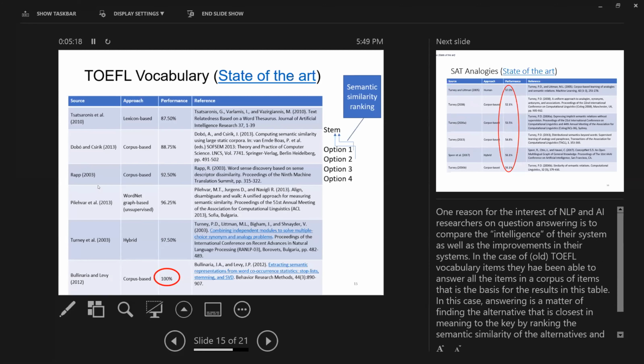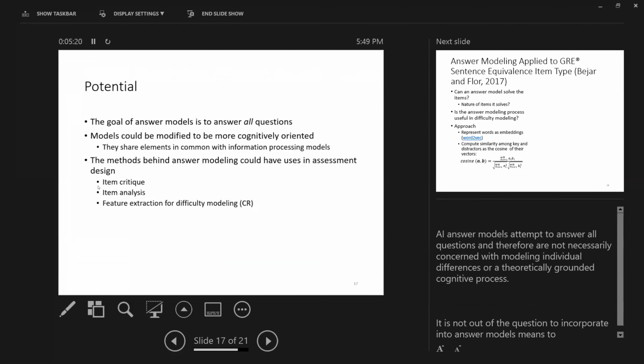Well, again, let me skip some of these things and do several things, one of which I'm calling item critiquing. If we have an automated model that can answer questions that we submit to it, we can, in a sense, by tracing the solution process of that answering model, find out that certain items may be wrong.